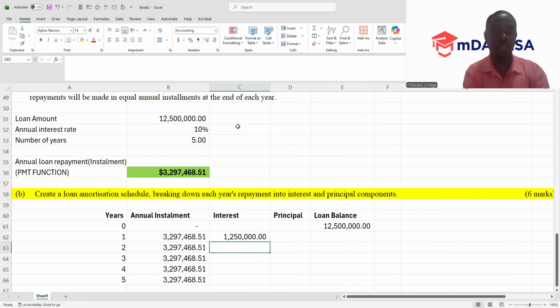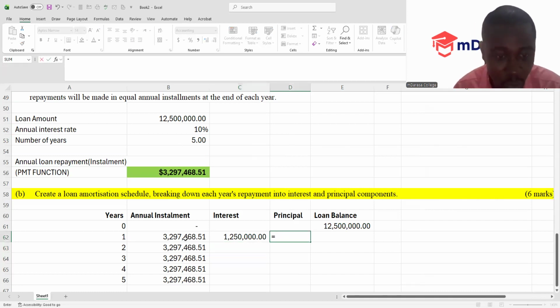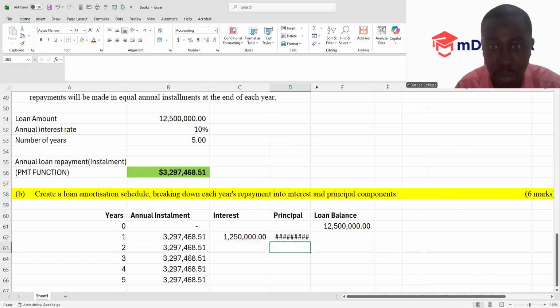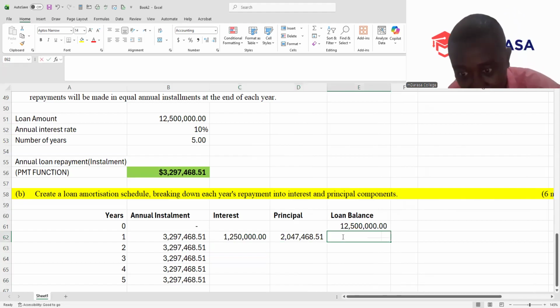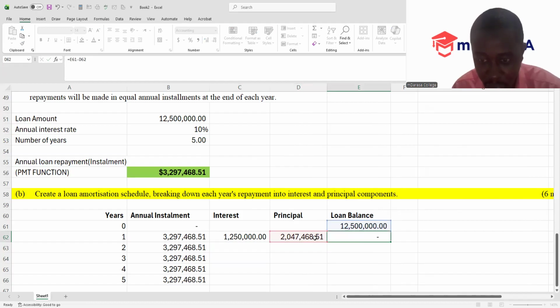Recall the concept of installment. For us to determine installment, we'll always be taking principal and interest. And now that we have interest, we can easily determine our principal. So how will we determine our principal? We take what you're paying minus the interest component. So that is my principal value. And that will give us our loan balance, which will be loan balance minus the principal value.